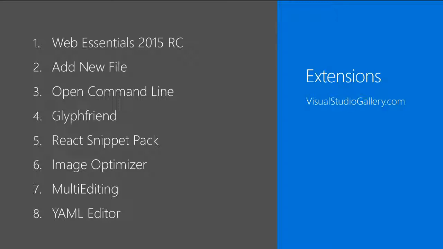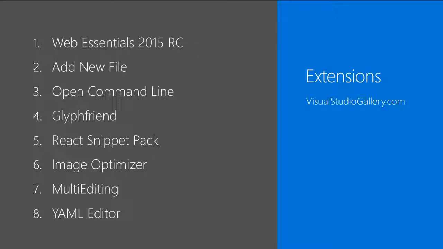It will significantly reduce the size of your images without hurting quality. It will simply strip out stuff that's not needed from the image. It doesn't resize it, it just strips out stuff that's not needed. So you want to use that one. Multi-editing, if you're using Sublime Text and you really love the multi-cursors that are available in Sublime Text, that's what multi-editing will do for Visual Studio.